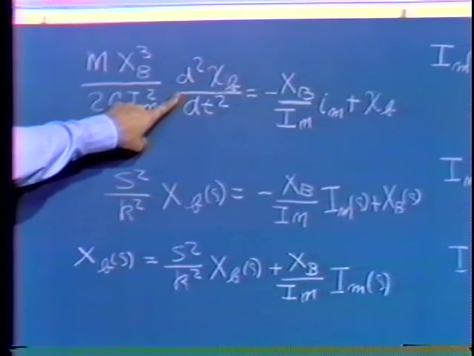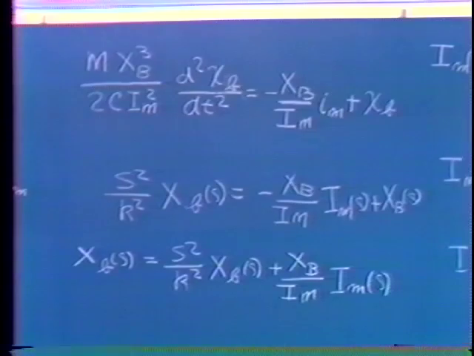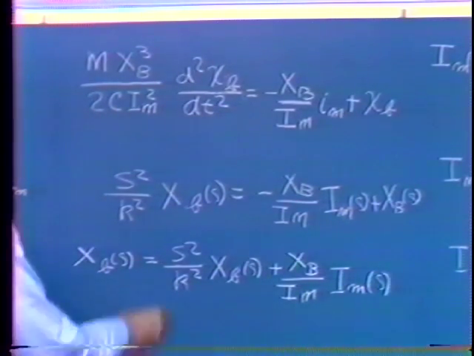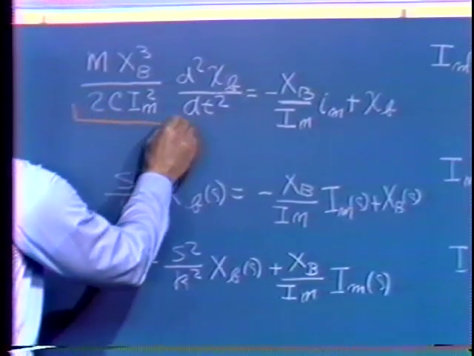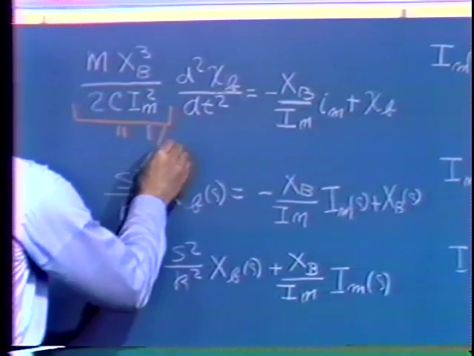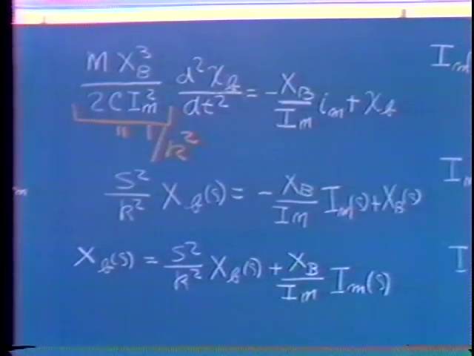recognize that the second derivative corresponds to multiplication by s, and things are further simplified if we just call this collection of constants 1 over k squared to save a little bit of writing.